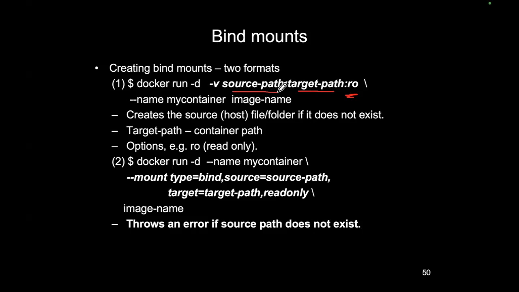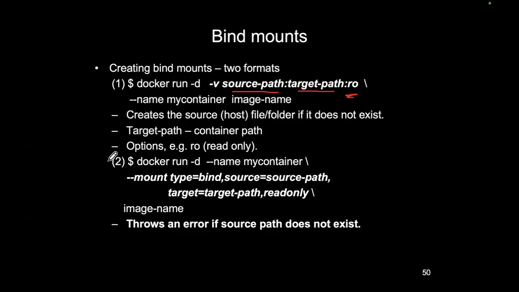If it tries to do that, I guess the container is going to throw an exception. The rest is as before, the container name and whatever the image is. It creates the source file or folder if it doesn't exist. The target path is the container path, and the options are okay as well.